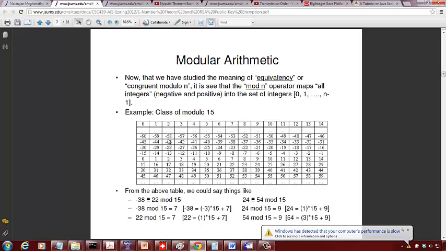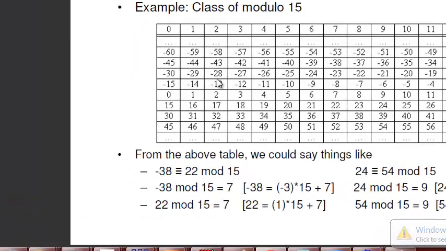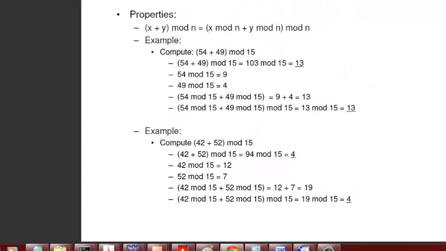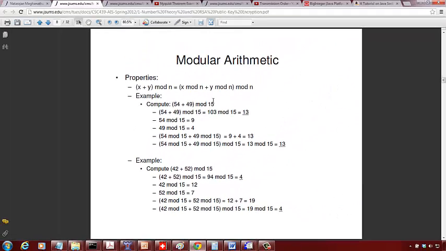Similarly, all these integers, negative 58, negative 43, negative 28, negative 13, 2, 17, 32, 47, any of them, if you divide by 15, you get the remainder to be 2. So we say all these things are equivalent to each other. Okay, so that's what we mean by class of modulo some integer. Then we can do arithmetic. So 54 plus 49 mod 15. So a straightforward way is to add both of them. You get 103, mod 15, which is 13.